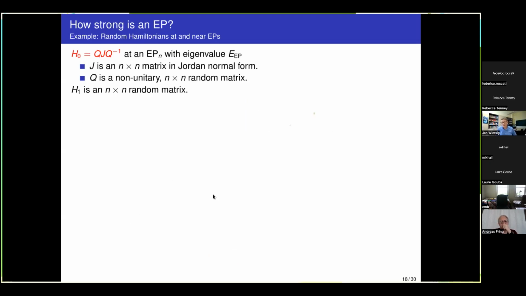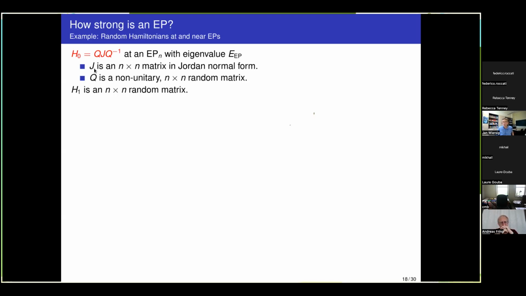What I mean with random exceptional points is that I take an ensemble of Hamiltonians at an exceptional point of order n with eigenvalue E_EP. I fix n and E_EP, and then I generate a large number of realizations of Hamiltonians by using this expression here.